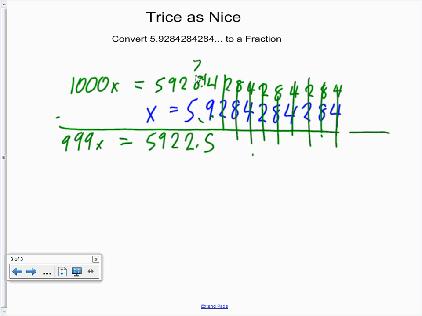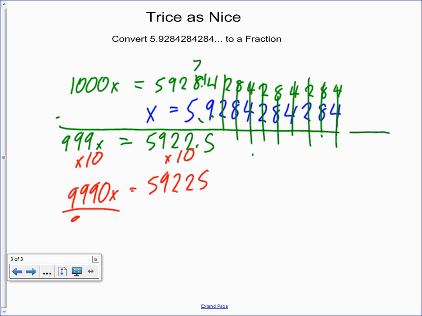We need to get rid of that decimal before I divide. So I can then multiply each side by 10 again. In algebra, as long as you do the same thing to both sides, you can do whatever you want. That'd be 9990x equals 59225. Now I can divide by this.